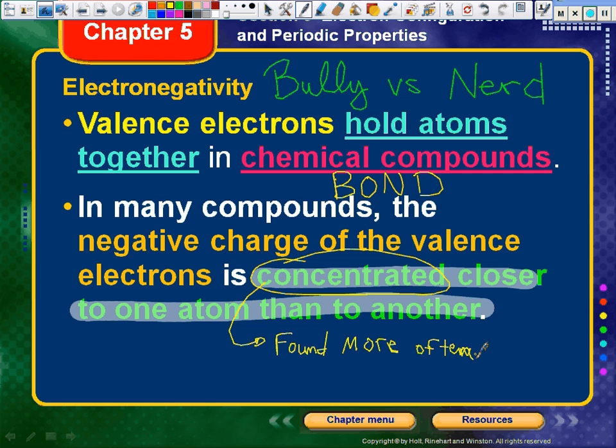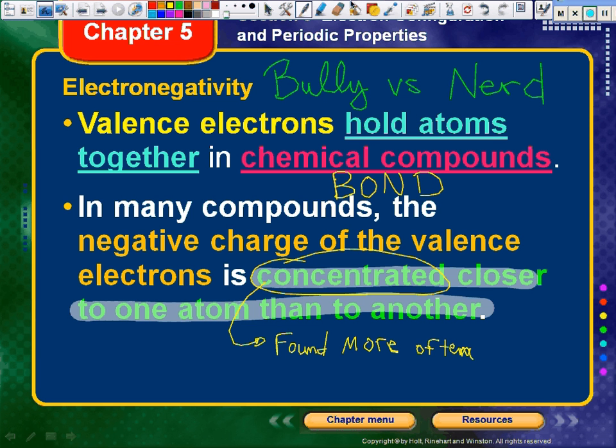In the commons area. During class time, where should the most concentration of students be? In the classrooms. So, when two atoms are bonded together, one of the atoms will take the electrons and pull it closer to it. One of them. Okay? And we're going to talk about how we know which atom it is.